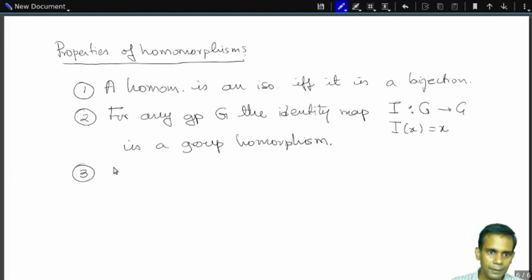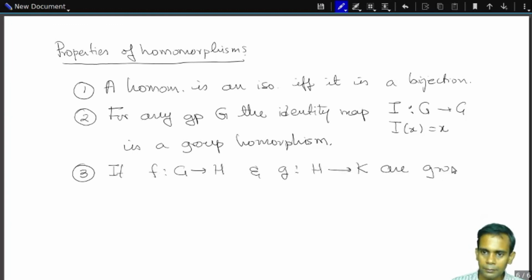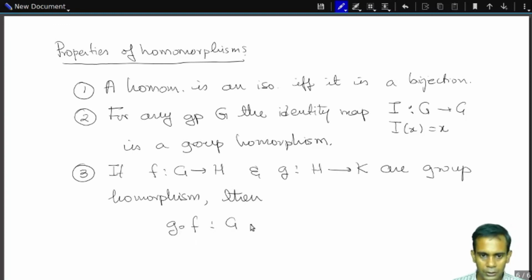And if f is a group homomorphism from G to H, and g from H to K is another group homomorphism, then g circle f from G to K is also a group homomorphism.